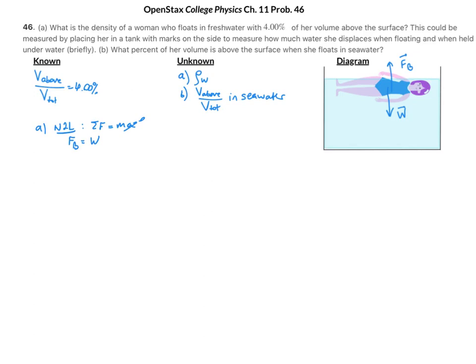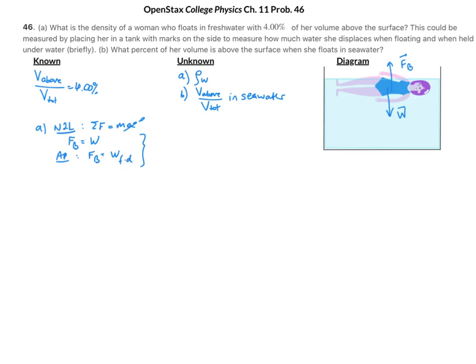All right, but I know that by Archimedes' principle, the buoyant force is the weight of the fluid displaced. So I can set these two equations equal to one another. The buoyant force here is equal to the weight of the woman, and the buoyant force here is equal to the weight of the fluid displaced.